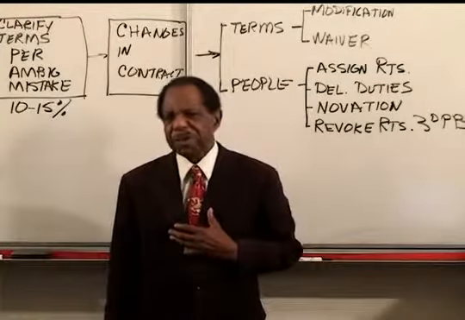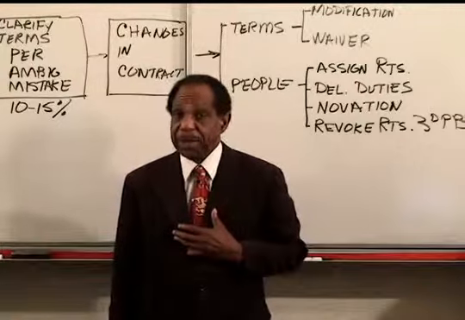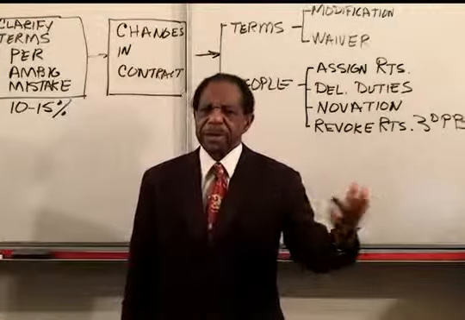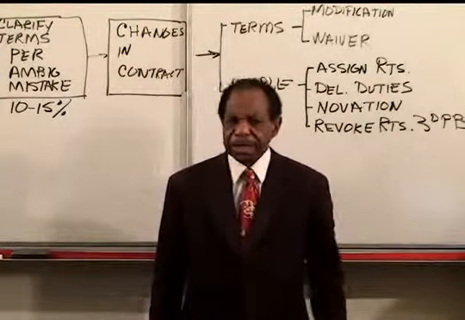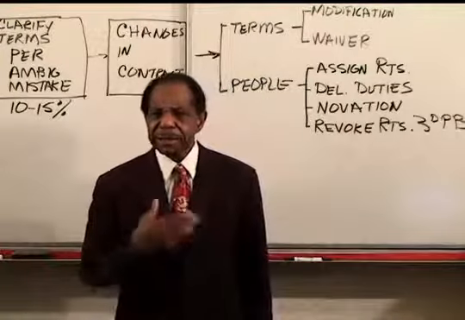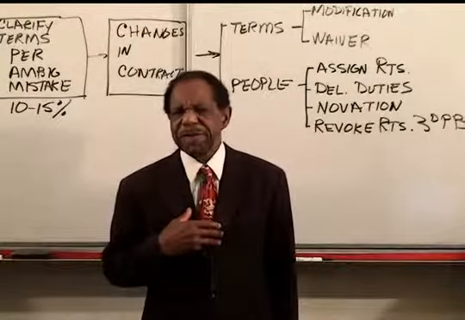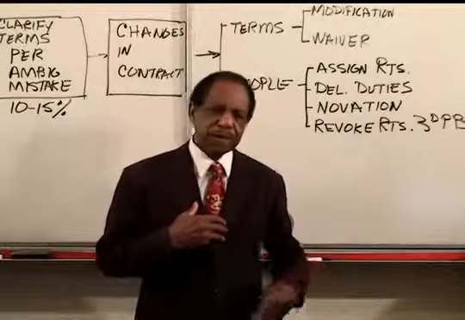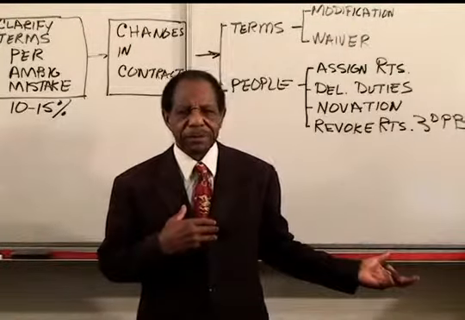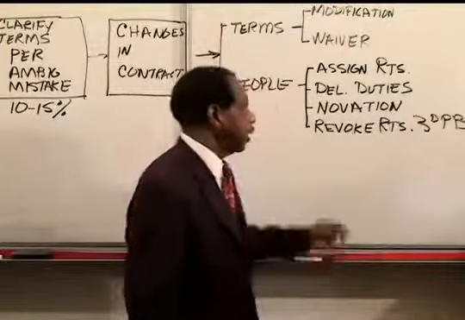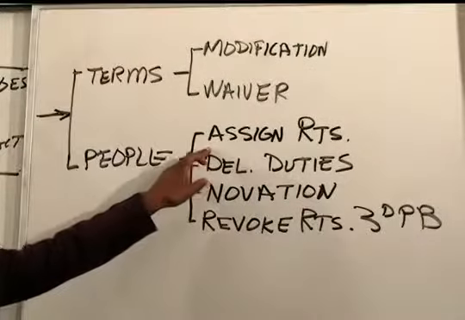So we've changed the people in the contract. You and I were the first two people, and now Mary and I are the people in the contract. Likewise, I can assign my right. I have a right to receive the money from you when I deliver the car. I can assign my right to that money to somebody else. So we can assign rights, and this changes the people in the contract.